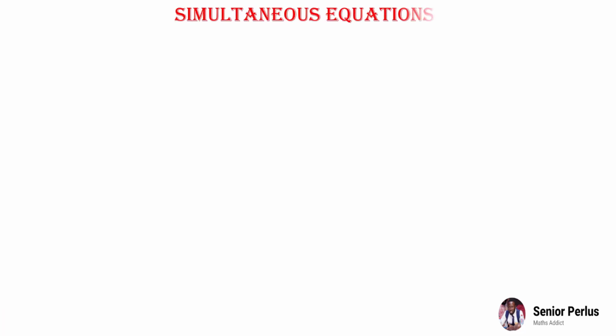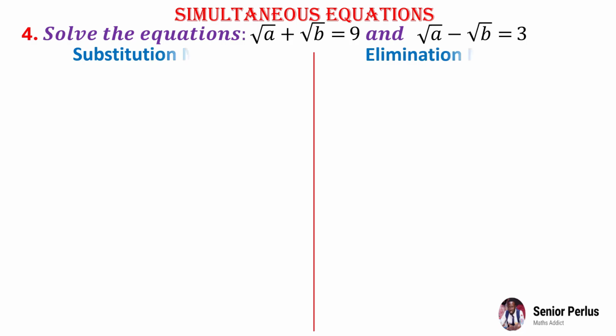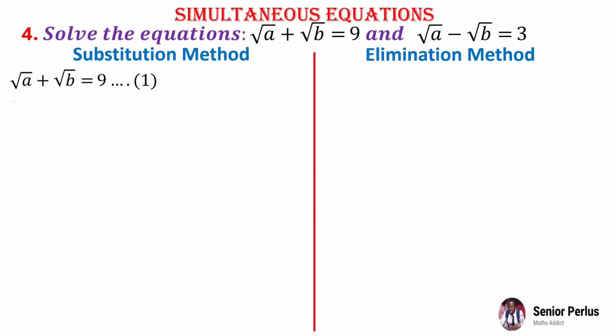So still on simultaneous equations, this will be our last example on this. We saw both methods, the substitution method and the elimination method. With the substitution method, we make one of the variables the subject in one of the equations. So I'll make the square root of a the subject in equation 1.